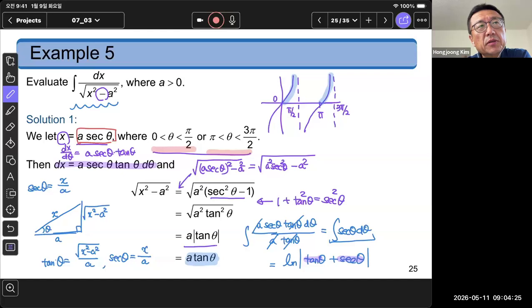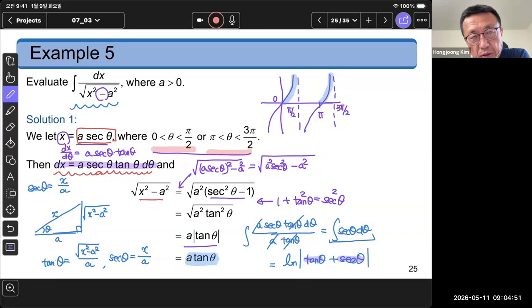If x is a secant theta, then dx will be a secant theta tangent theta d theta.